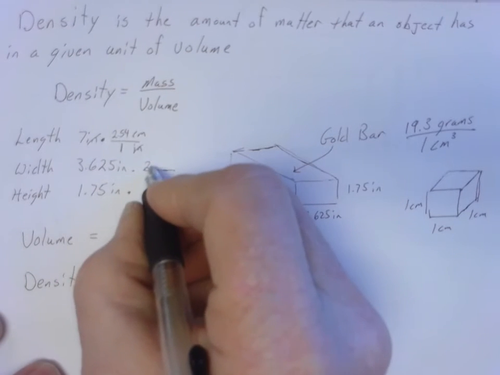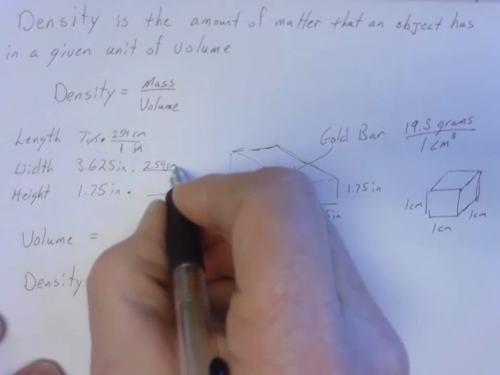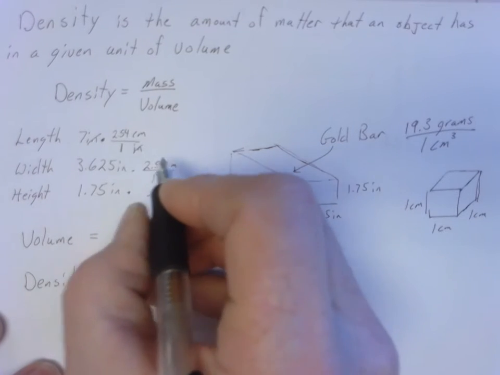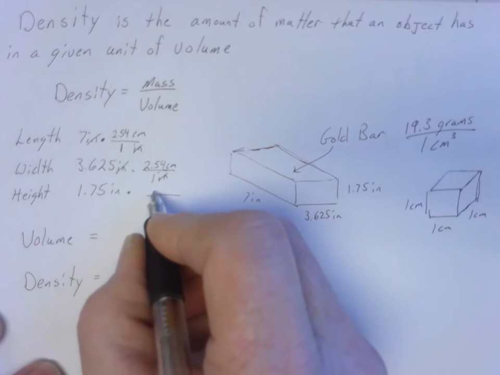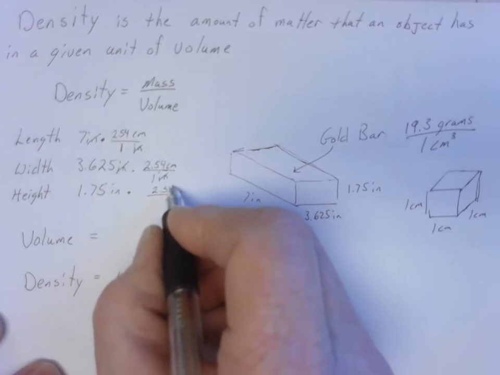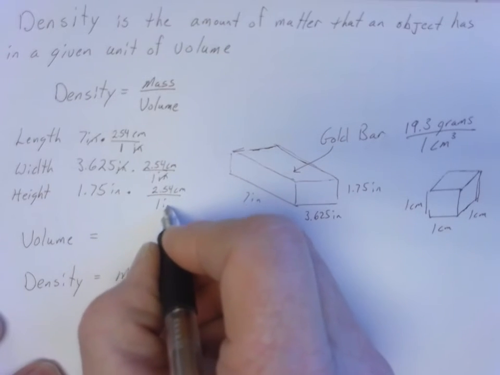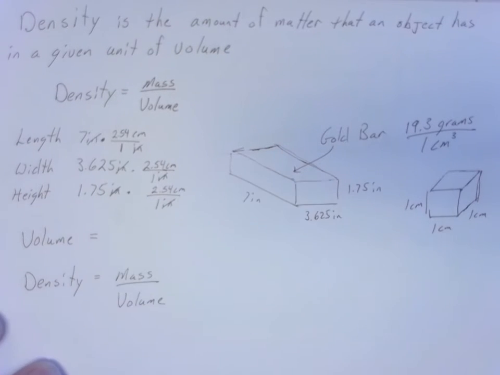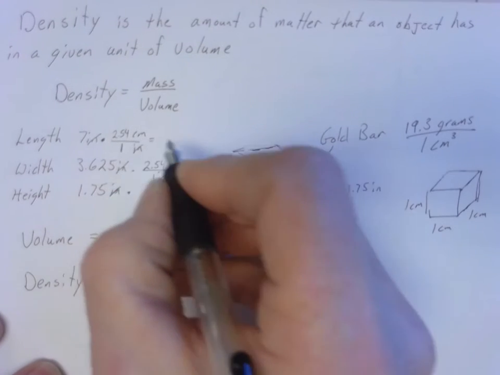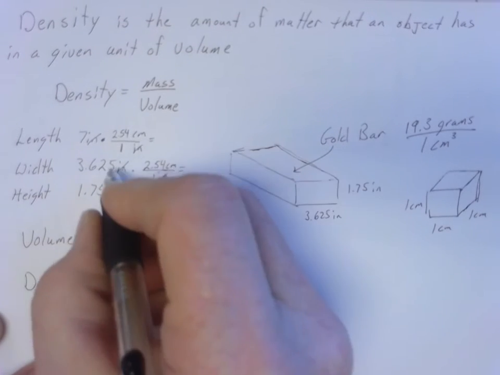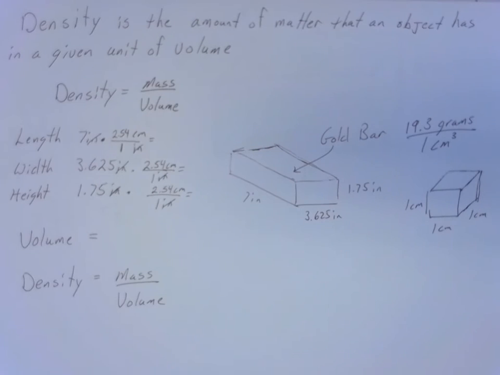And I'm going to do that same thing for each one. So inches cancel. My answer will be in centimeters. So I'm going to use these unit multipliers, the same one in each case because we're doing the same thing in each case, in order to convert from inches to centimeters.